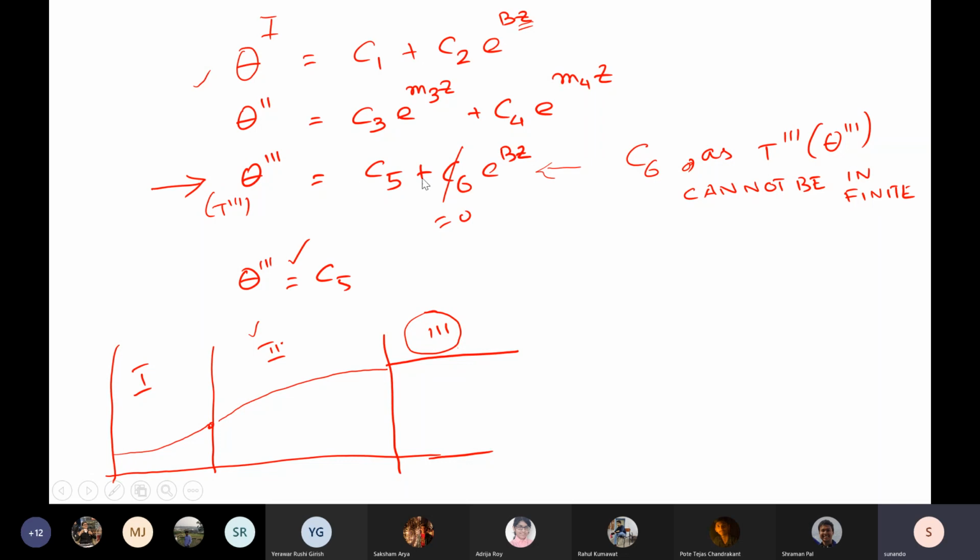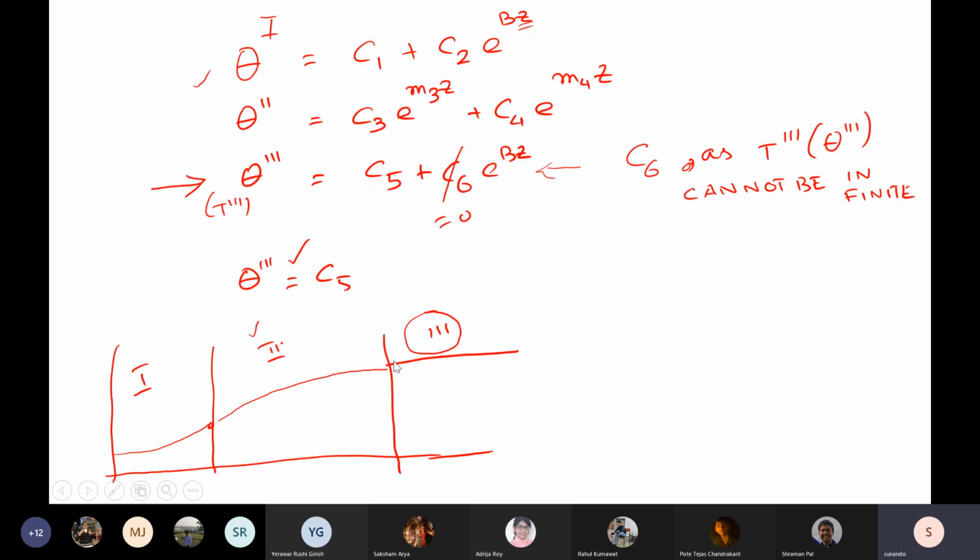We have seen that T3 is a constant. So if T3 is a constant, dT3 by dz is 0. That's why it looks like this.